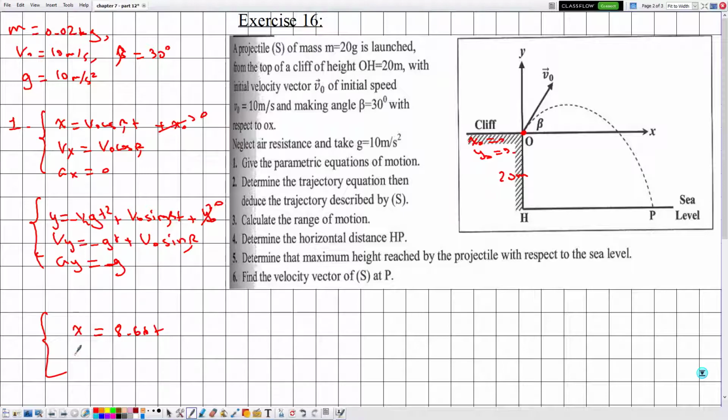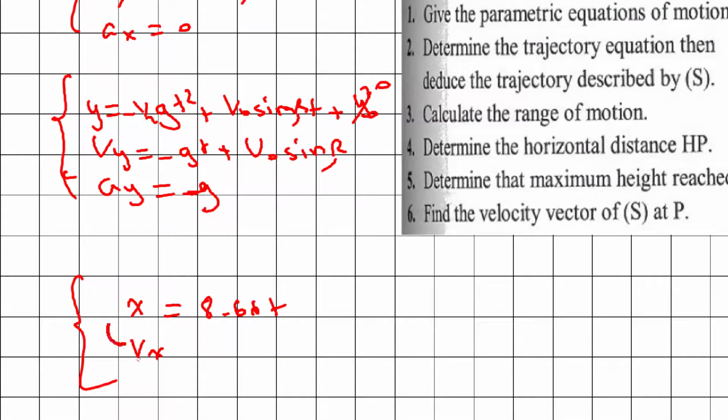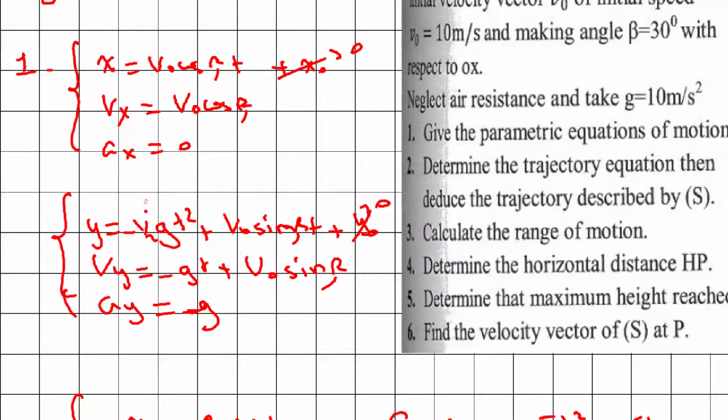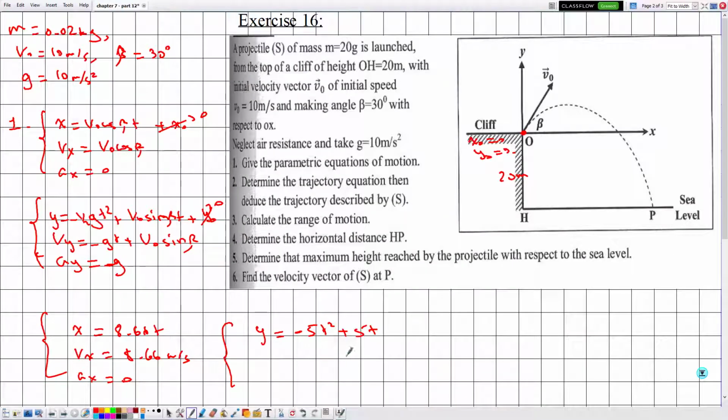Now no need to calculate Vx because Vx is the derivative of x, so t will disappear, and this is equal to 8.66 meters per second, and Ax is equal to 0. As for y, which is equal to minus 5t squared plus 5t, if you replace minus half g and this, it will be given by this.